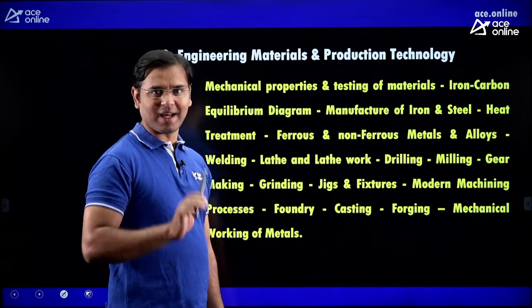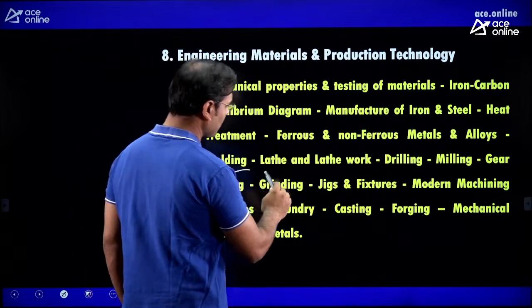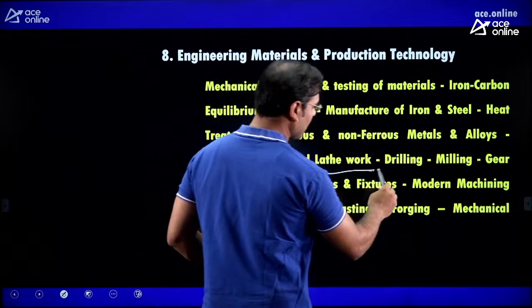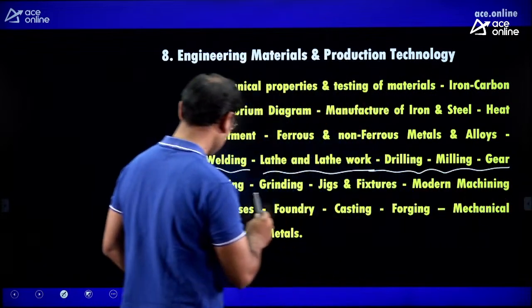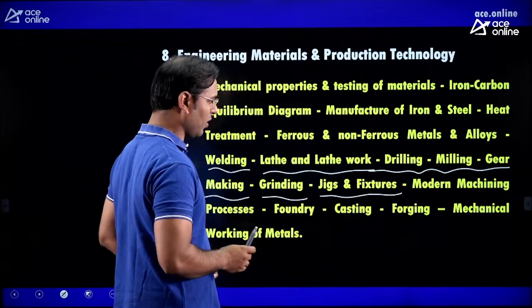Now the remaining parts are the welding chapter and the machining chapter, in which the study of the lathe machine, drilling machine, milling, gear making and grinding is there, and jig and fixture is one of the small topics.